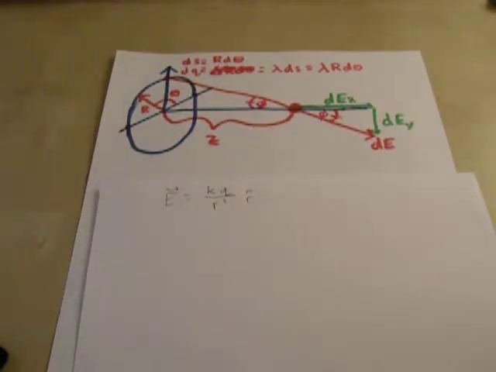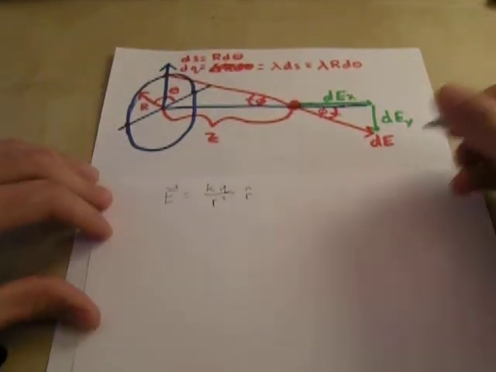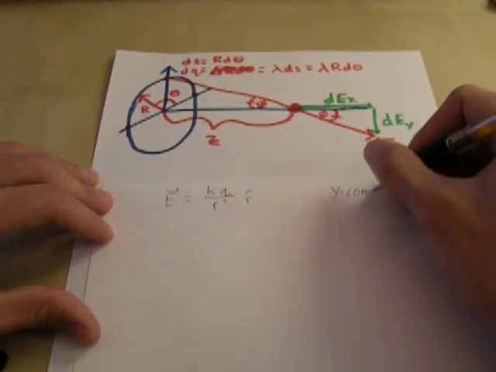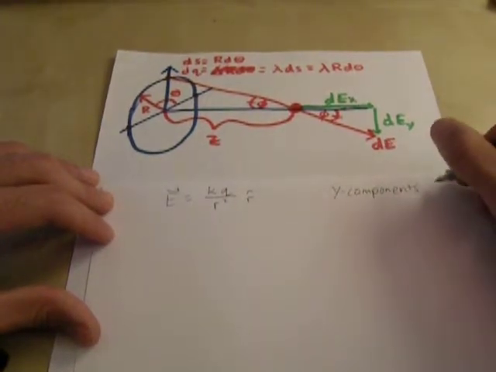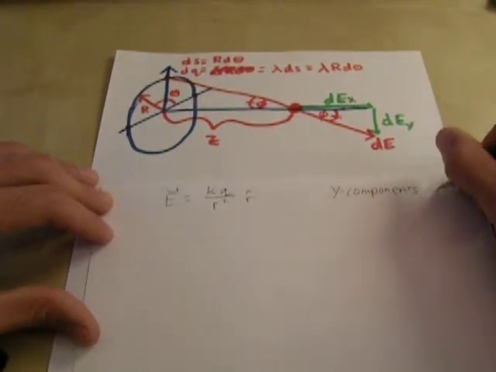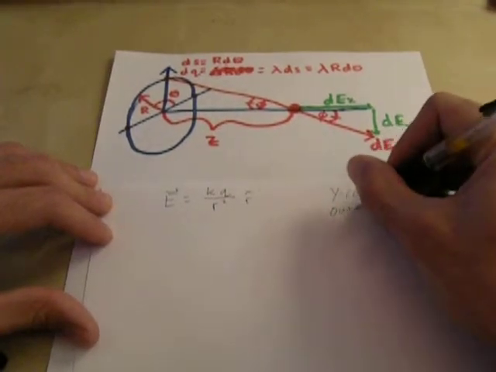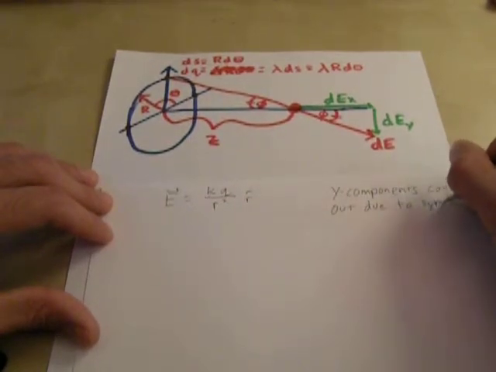So later on, or even before we even start the problem, let's just say the y components cancel out due to symmetry.